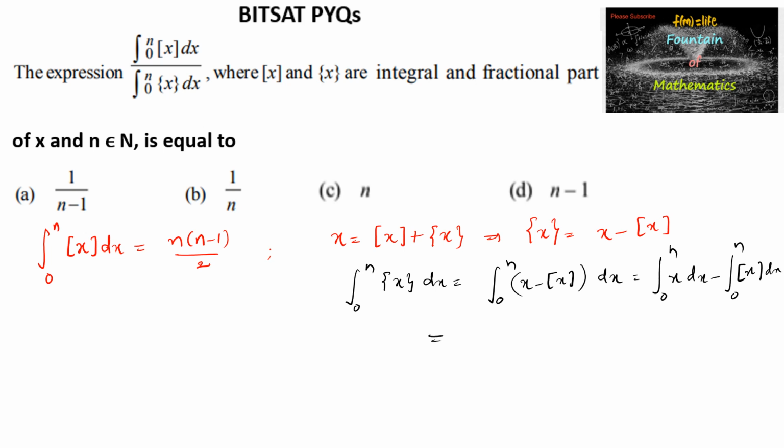We know the integration of x dx is x square by 2 over the limits 0 to n, minus the integral from 0 to n of [x], which is n(n minus 1)/2.